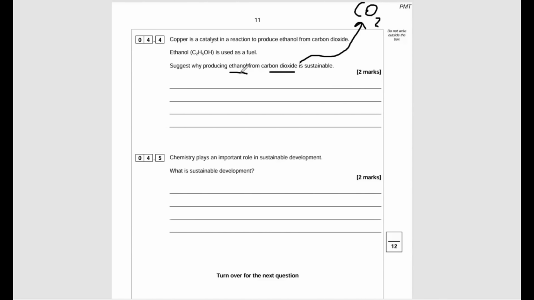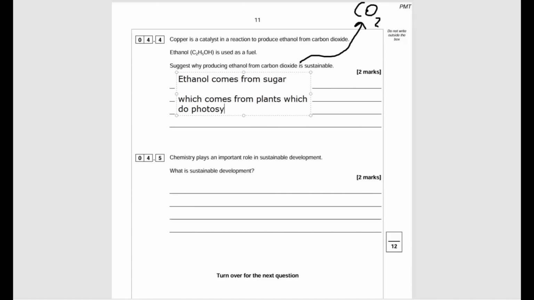So why is it that if we do it from ethanol, we say that overall it's not causing global warming? Where does ethanol come from? So we would say ethanol comes from sugar, which comes from plants, which do photosynthesis.